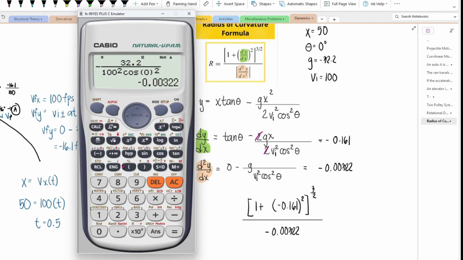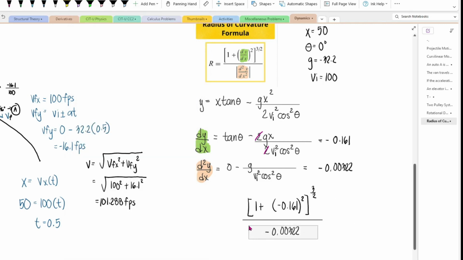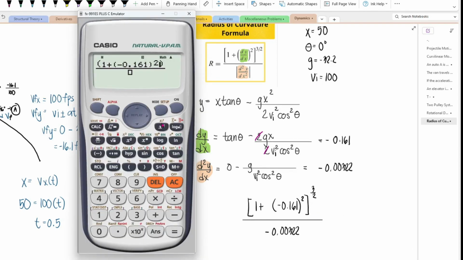By the way, you have to treat this as absolute because there's no negative radius of curvature; it's a distance.